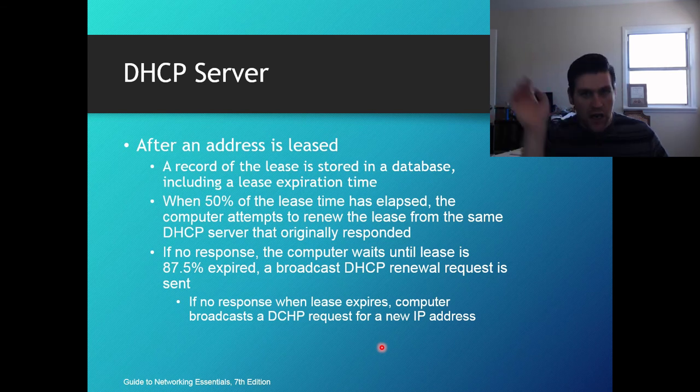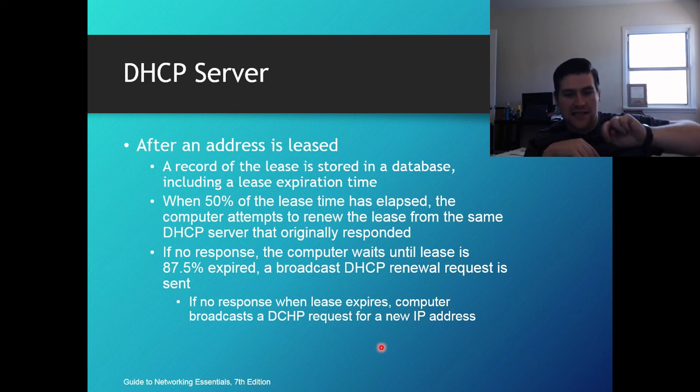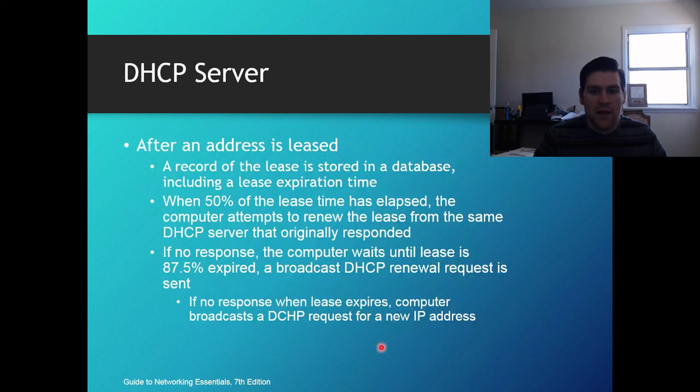Okay, if no response, when the lease expires, the computer will send another DHCP broadcast. So it sends it at 87.5%, and it sends it when it's totally expired. Okay, and again, if no DHCP server responds at all, then it does what's known as an APIPA, which we'll talk about in Chapter 6.